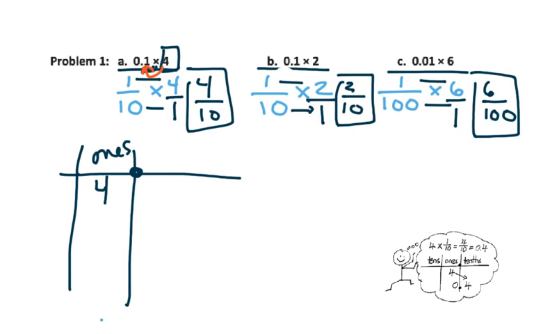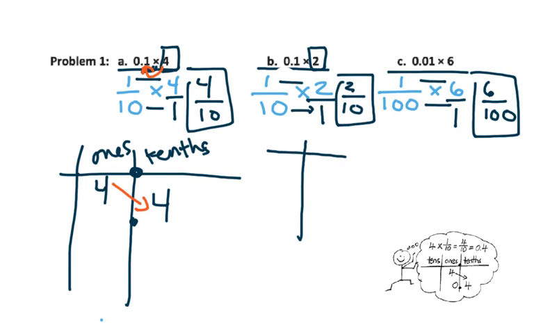So I would shift over to the tenths, and this would move here, so we would have 4/10. It would be the same if I had 2 and I simply wanted to multiply by 1/10. I'm going to push my decimal over once, so I'm shifting over one time, and that would be 2/10.